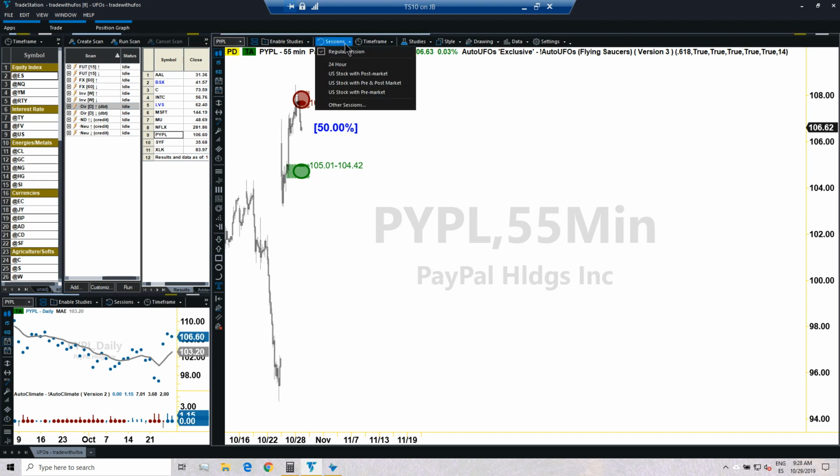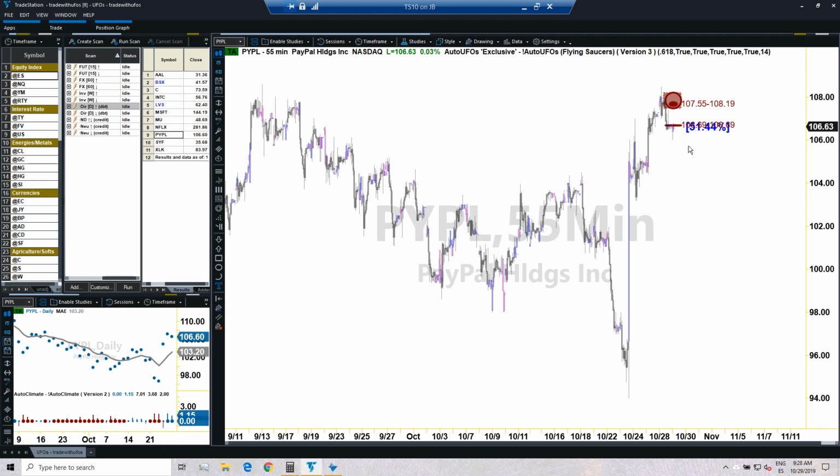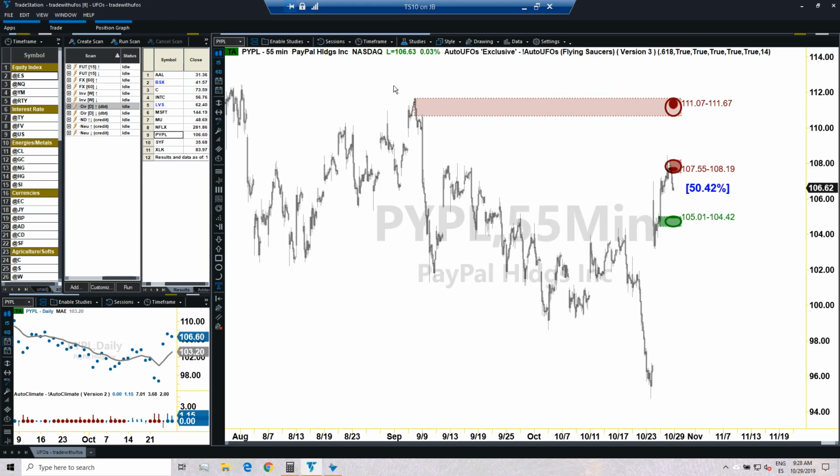We will be able to load the pre and post market and find out if we got the probabilities we need and the UFOs we need. So we got 51% with pre and post market, but no UFO. Okay, and regular session, it's 50%. So really it would be better to use pre and post market, but we got no UFO. Okay, no UFO lining up with 103.20, so we will pass.